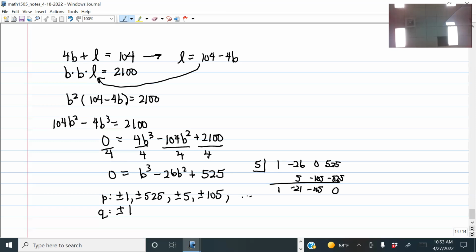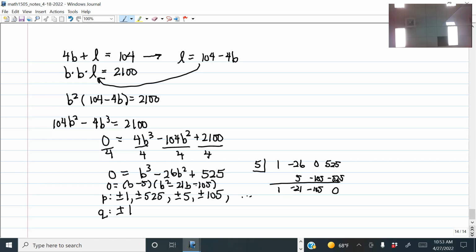Yay! See, that works. So assuming they're going to be merciful, I would try the 5 first, because that's kind of the obvious factor, other than 1 or 525, right? And it does work. So this equation factors as b minus 5 times b squared minus 21b minus 105.